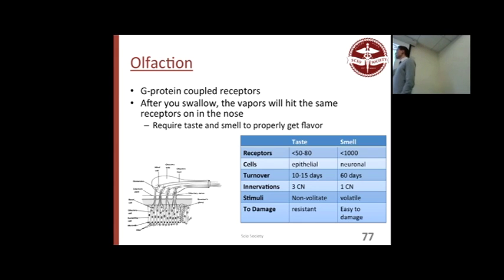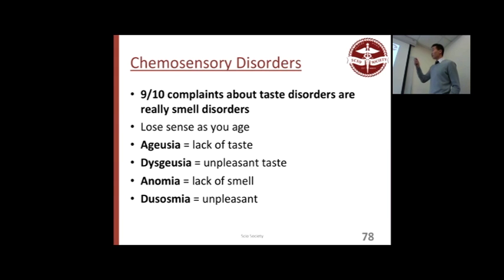So know that this is different. That's why when you brush your teeth and drink orange juice 3 hours later, you can taste the sweetness. So 3 hours versus 10 to 15 days, know that. 3 cranial nerves versus 1 cranial nerve, definitely, for sure, you have to know that. We already talked about this.